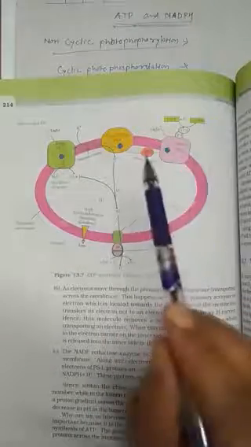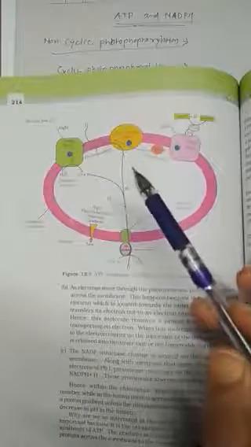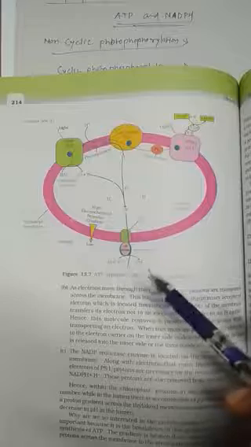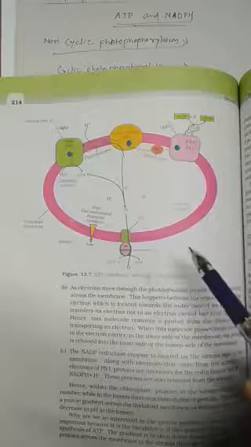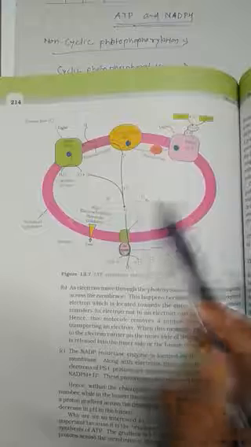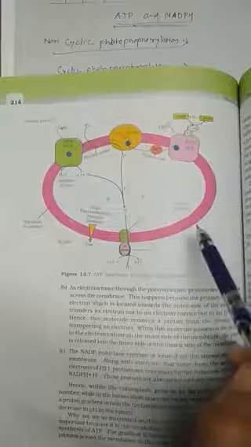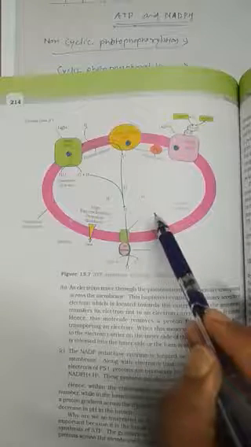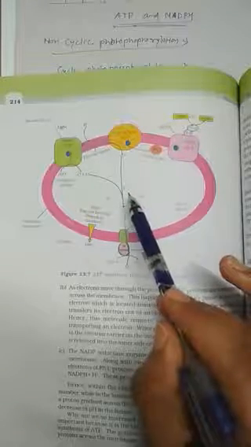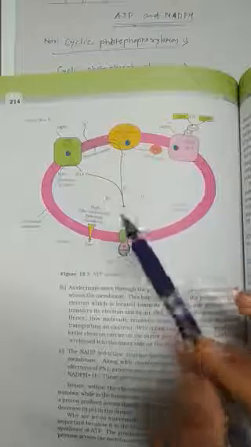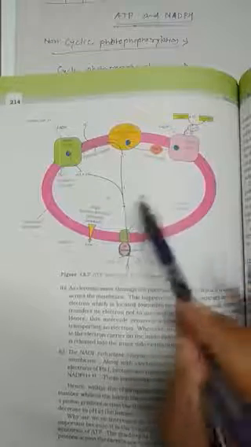In photosynthesis, ATP synthesis is linked to development of a proton gradient across the membrane. Here the protons are present and the proton gradient is developed. Okay, from where do these protons come? From the splitting of H2O. And ATP synthesis is linked to development of the proton gradient across the membrane.